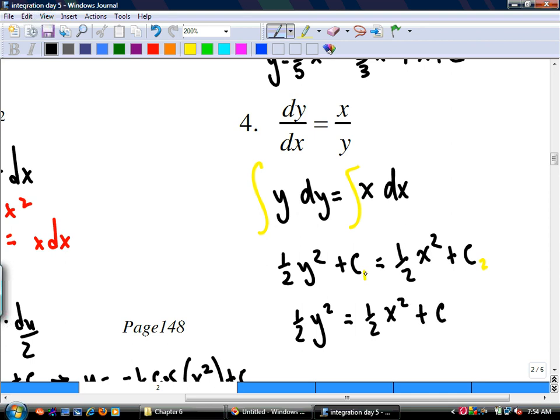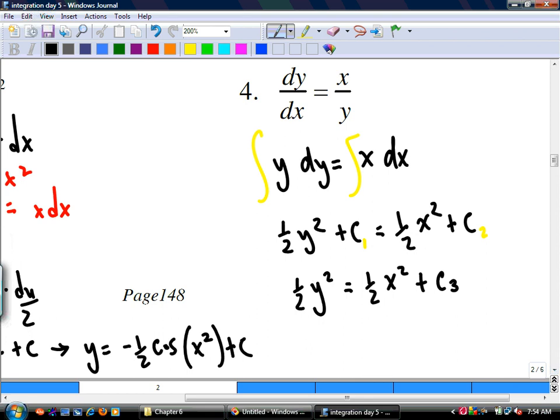So you take C1 over to the other side and you go C2 minus C1 and we'll call that C3. Then you get rid of the half off the y squared, you're left with y squared equals, multiply everything by 2, and you get x squared plus c4.